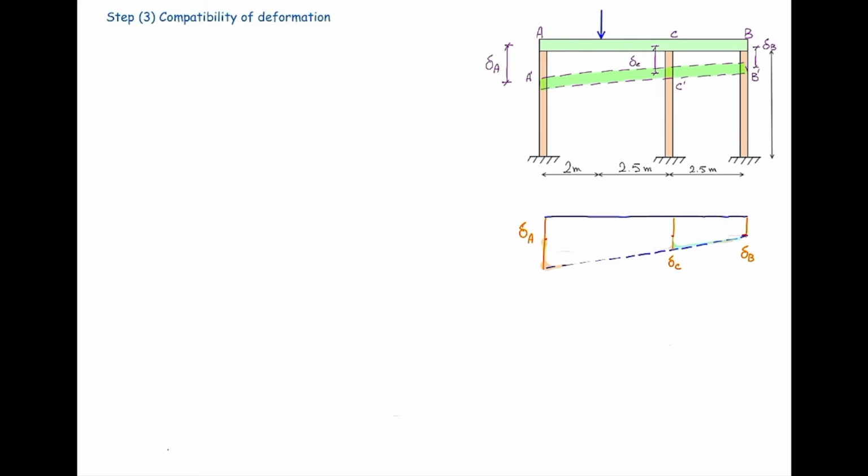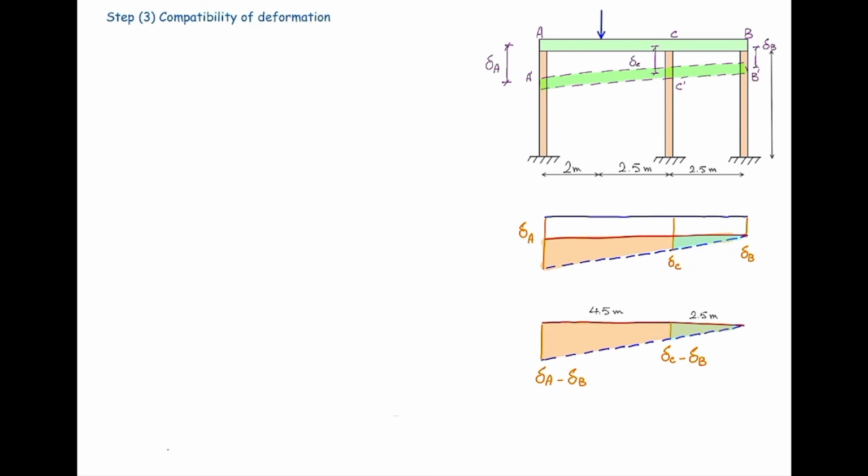Knowing those deformations, I can find a relationship between these values by using similar triangles. But where is the triangle here? Let me draw a line like this. We can see the two triangles here. So I'm going to redraw that triangle down here. The deformation on the left side is delta A minus delta B, and the deformation at the middle part is delta C minus delta B, right?